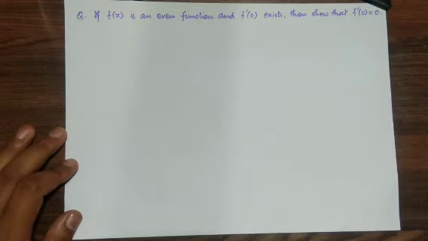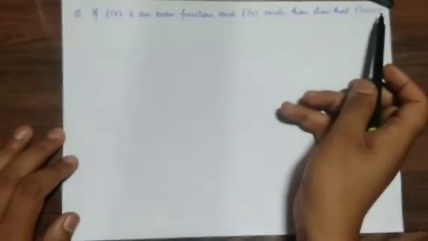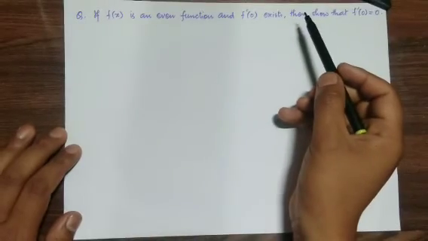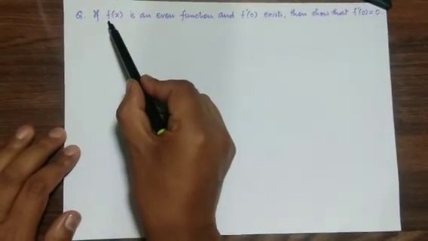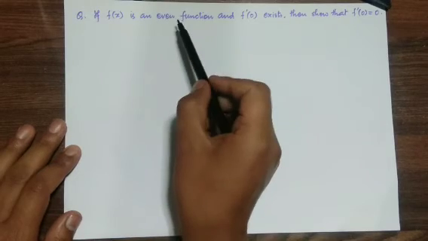Okay, now let's see this question. The question says, if f of x is an even function and f dash of 0 exists, then we need to show that f dash of 0 is equal to 0. To do this, let's try to understand the meaning of the first line. Given is f of x is an even function.